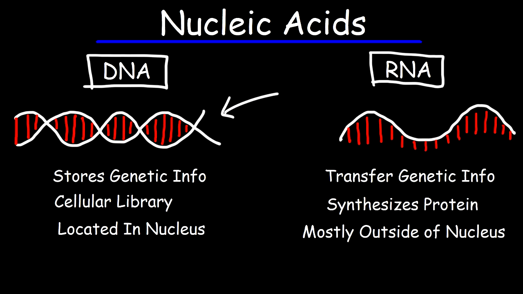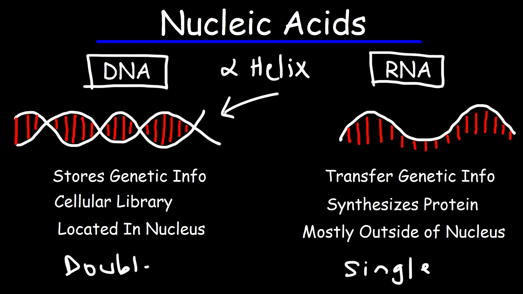As you can see, DNA is a double-stranded nucleic acid. It forms an alpha helix, whereas RNA is a single-stranded nucleic acid. So that's one difference between the two. There are other differences. Now, DNA is mostly located in the nucleus, particularly in eukaryotes, whereas RNA, you could find it outside of the nucleus.